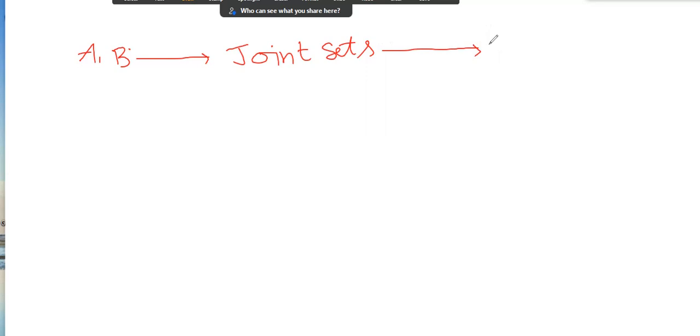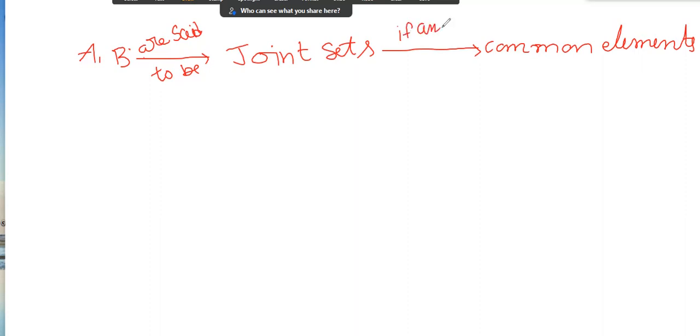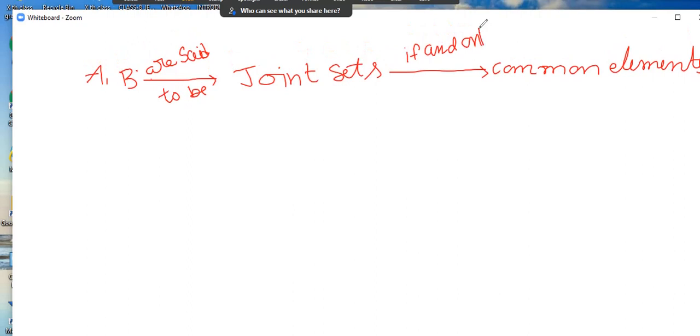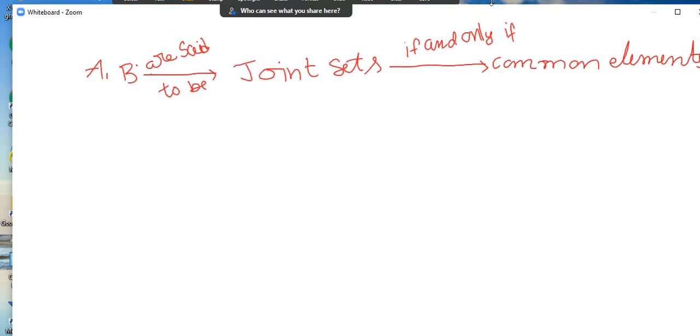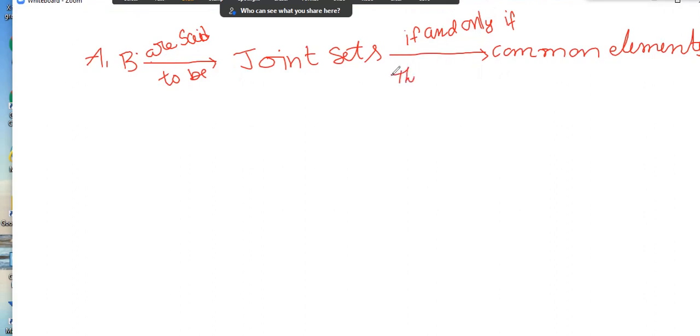Hence we can say that A and B are said to be joint sets if and only if they have common elements.